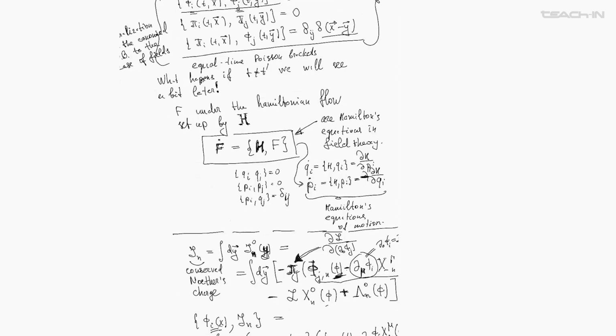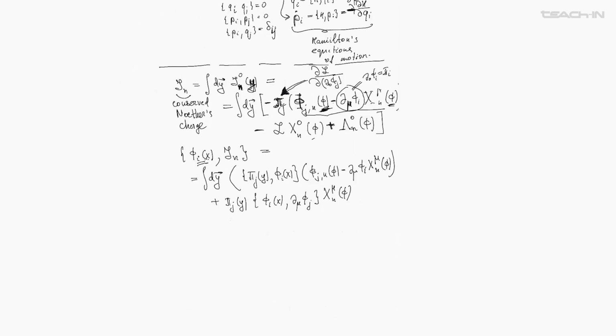Here, in the remaining terms, I will not have any contribution from this term because it's only a function of phi, so there will be no contribution from this term. And concerning this one, here you have a Lagrangian, and the Lagrangian might contain time derivatives. And so I have to take into account the bracket, the contribution of the bracket of my field phi on x with the Lagrangian density, Lagrangian on y.